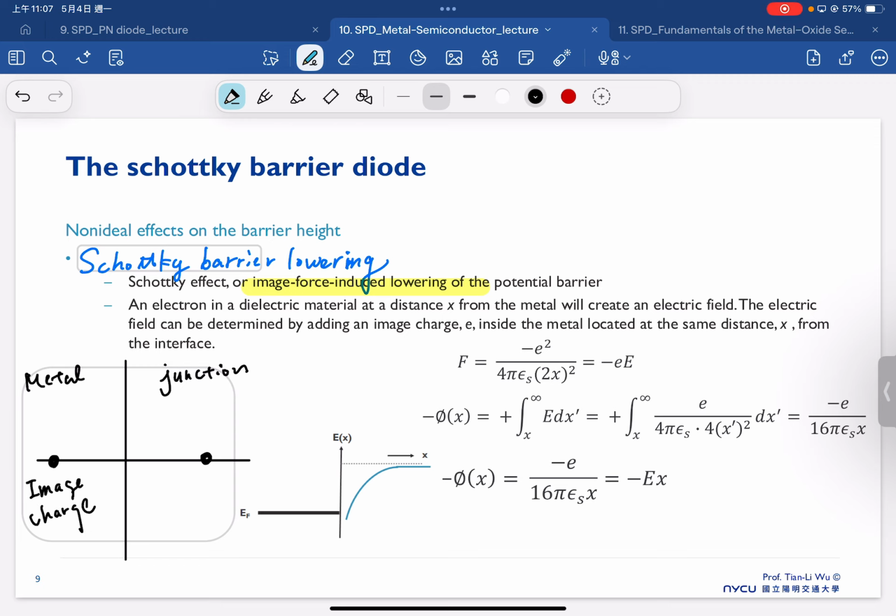Therefore, these two charges will create an electric field, with a distance x between them.